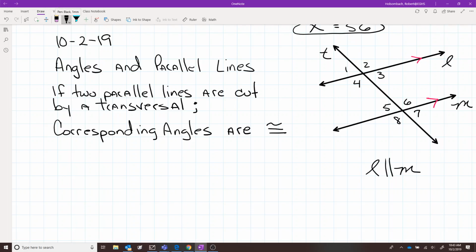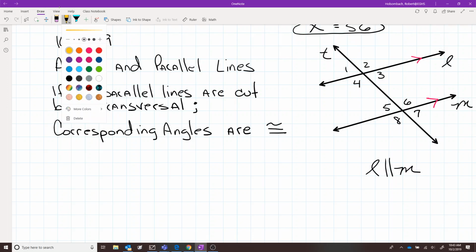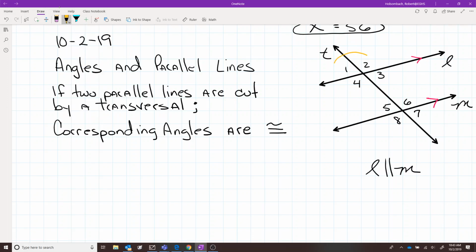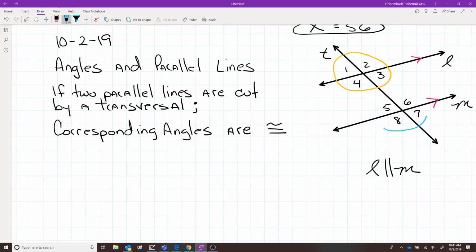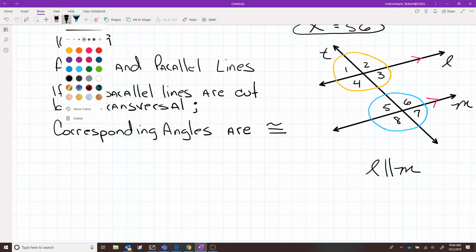If we take this group of angles up top and we call it the gold group, and then we take this other group of angles down here on the bottom and we call it the teal group. You got 2 groups of angles. Corresponding angles are congruent. Well, corresponding means they hold the same position in their group.